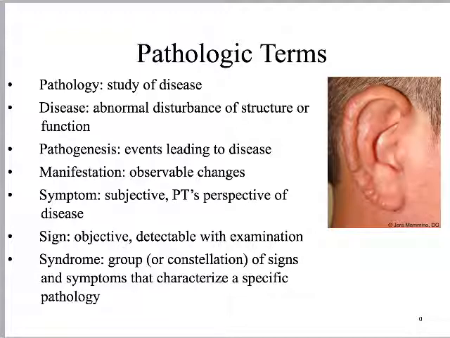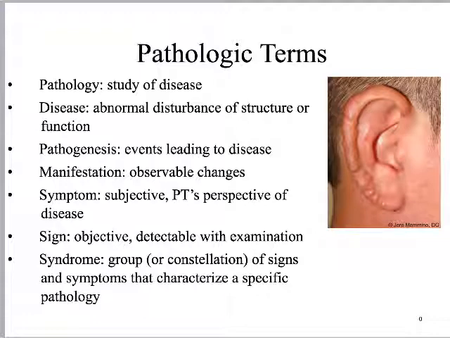Pathogenesis just means those events that lead to disease. So for this individual, being in unsanitary environments, going to certain countries in the world, can lead to an ear that has these structural and functional changes, right?